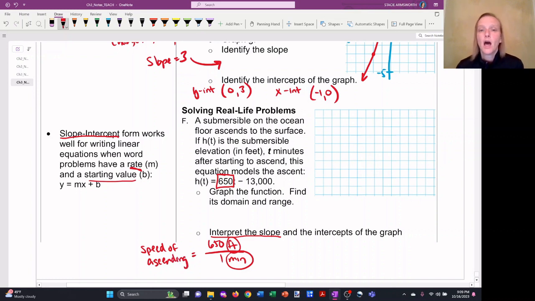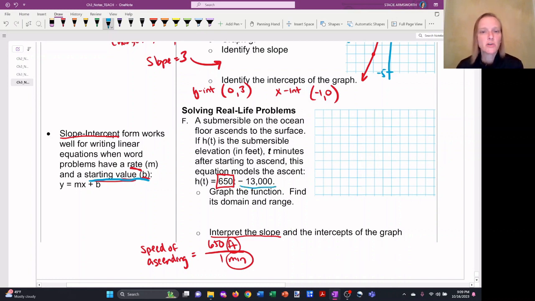Okay. Now, I seem to have a starting value. My starting value is represented by b. So it's this negative 13,000 here. What does that mean in the course of the problem? Well, this is all about feet, the position of the submersible in feet below sea level.